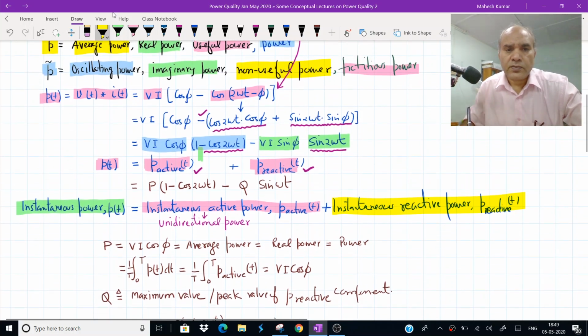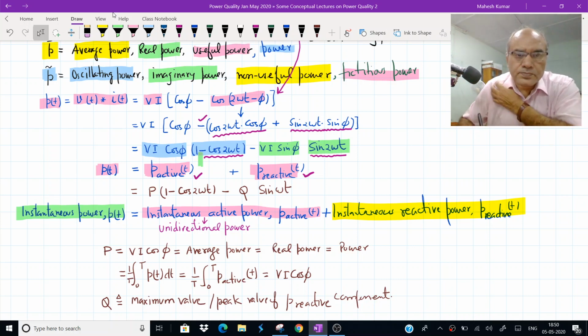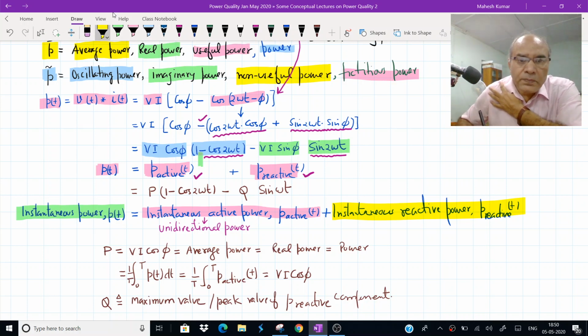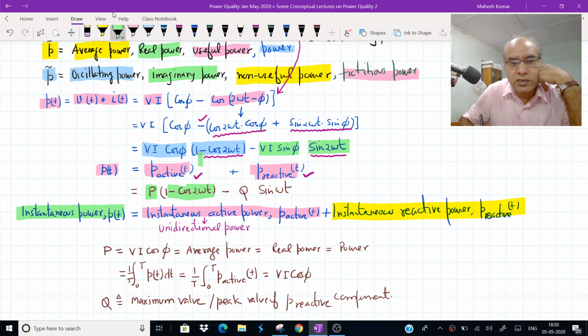The first term is capital P. Okay, so this is capital P here. Now capital P is denoted as VI cos phi. In these active and reactive components we have the term capital P. Note it here: P into 1 minus cos 2 omega t.